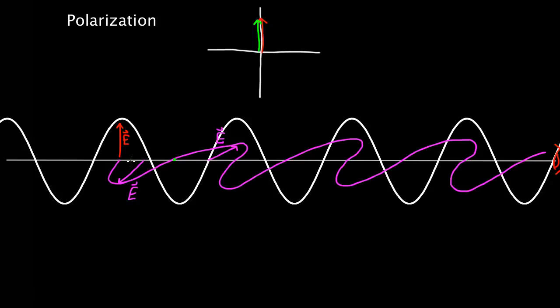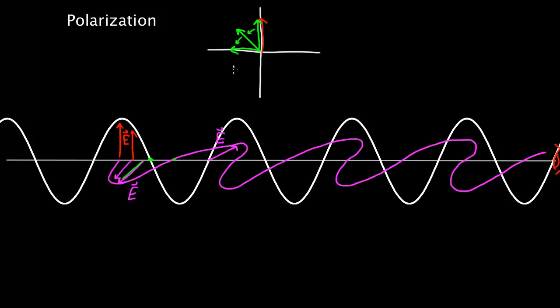Now I come over to here, and at this point there's some red electric field that points up, but there's some of this other electric field that points this way, so I'd have a total electric field that would point that way. And then I get over to here, and I'd have all of the electric field from the pink one, none from the red one. It would point all left then. And look what's happening.